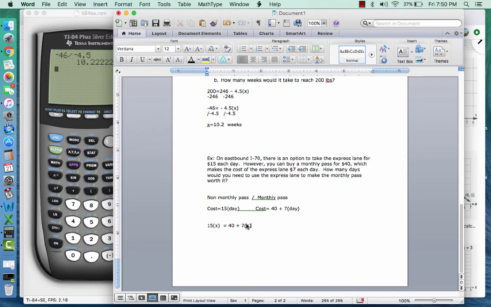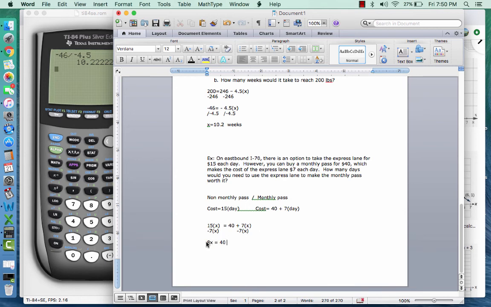So the first thing I'm going to do is move this 7x over to the left-hand side. The way I'm going to do that is subtract it over. So minus 7x on the left-hand side and minus 7x on the right-hand side, so I move it away from the right-hand side over to the left-hand side. So 15x minus 7x is 8x, and that equals $40.